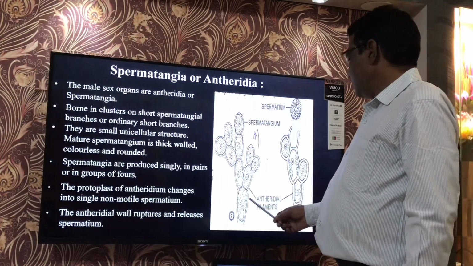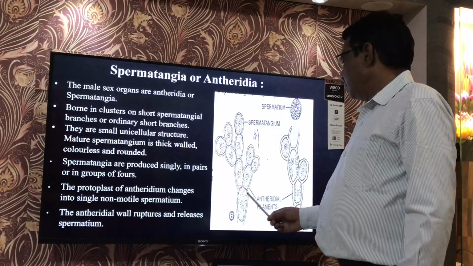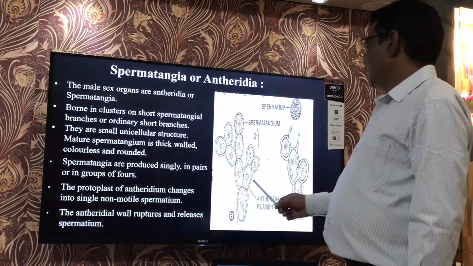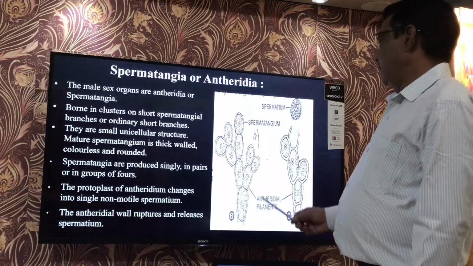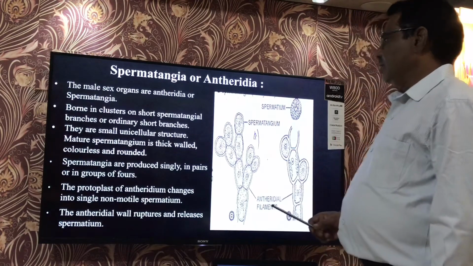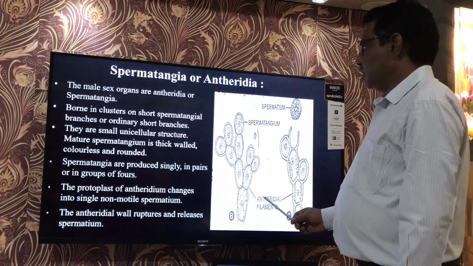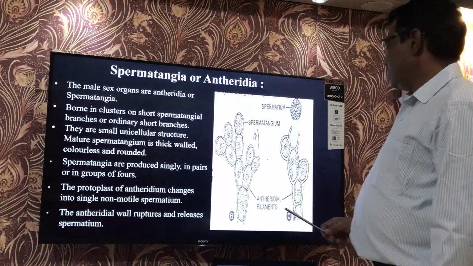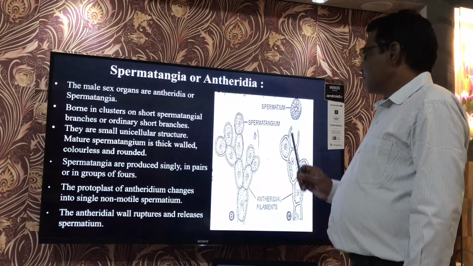So some of the branches of the glomerule or some specialized antheridial filaments are produced at the node of the main axis of Batrachospermum, and usually these antheridial filaments or spermatangial branches produce antheridia or spermatangia.